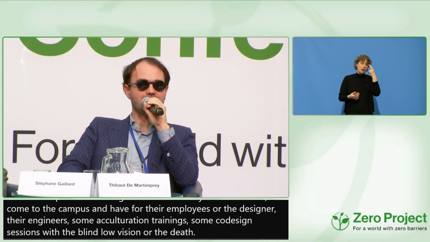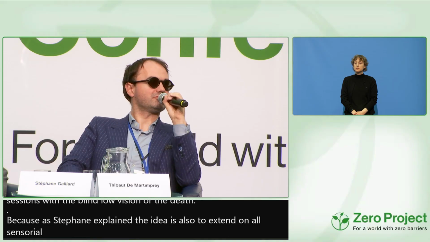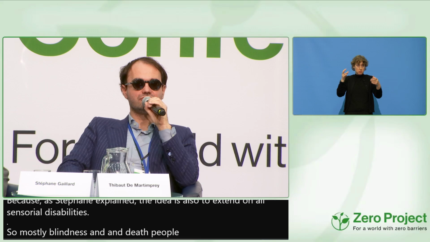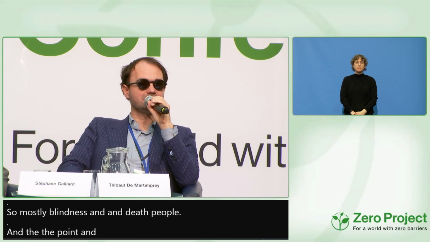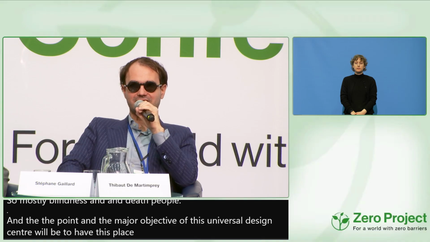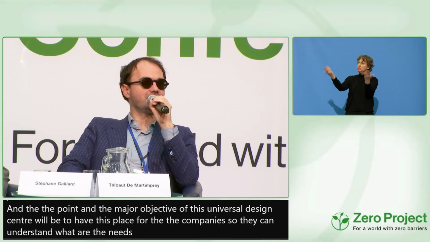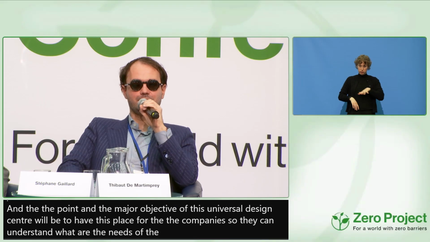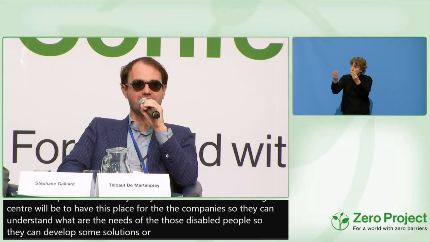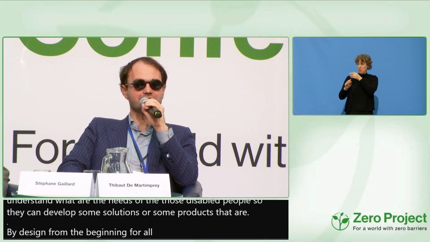As Stéphane explained, the idea is also to extend to all sensorial disabilities, so mostly blindness and deafness. The major objective of this Universal Design Center will be to have this place for companies so they can understand the needs of those disabled people, so they can develop solutions or products that are by design, from the beginning, for all, including those populations.